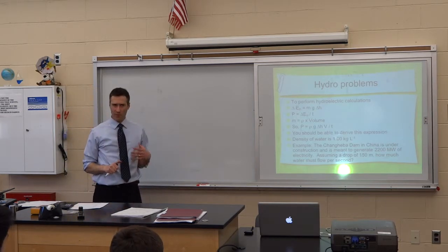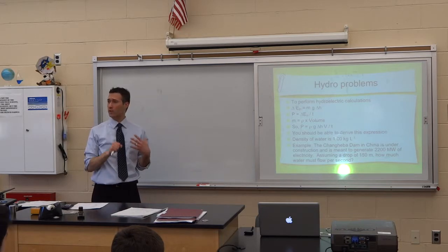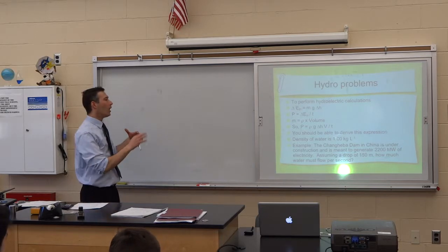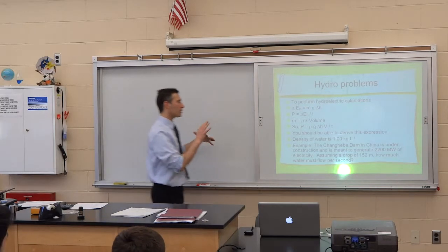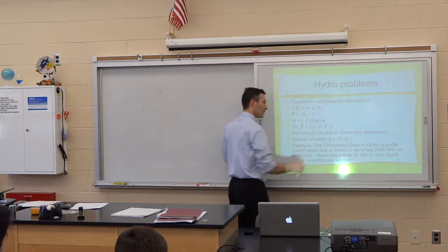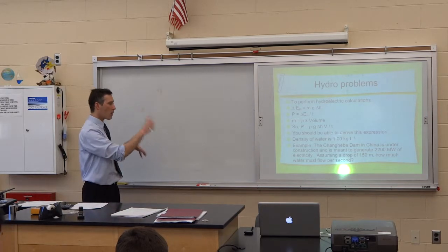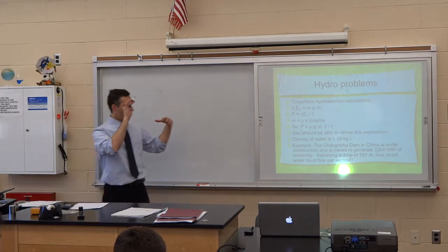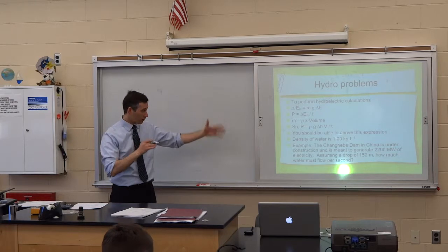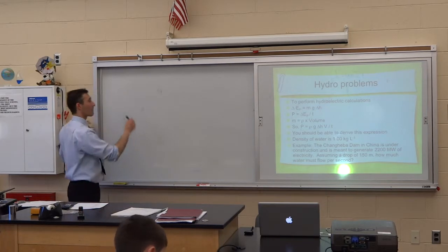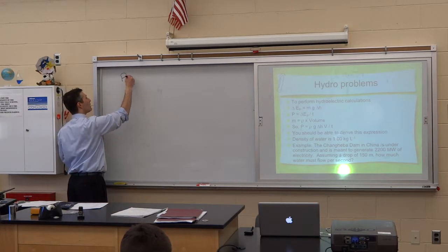Is that powerful? Yeah. That's very powerful. That's 2.2 gigawatts. And I don't know exactly what the drop in water height can be, but let's just say it's 150 meters. I want to find what volume of water has to flow through the turbine each second. All right, so our starting place will be our new expression.